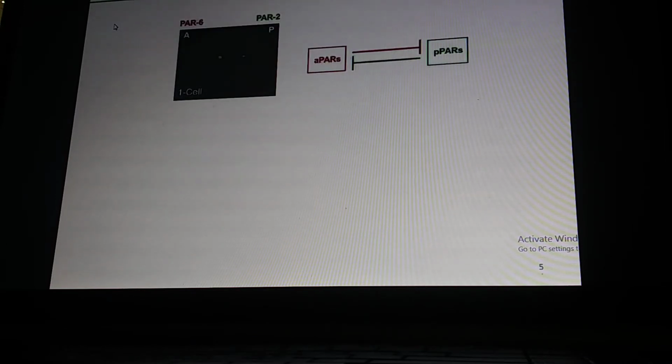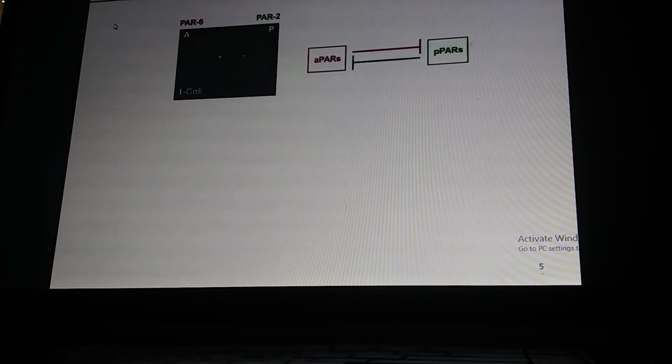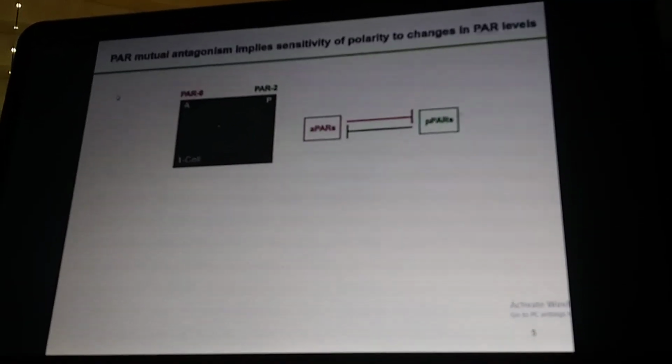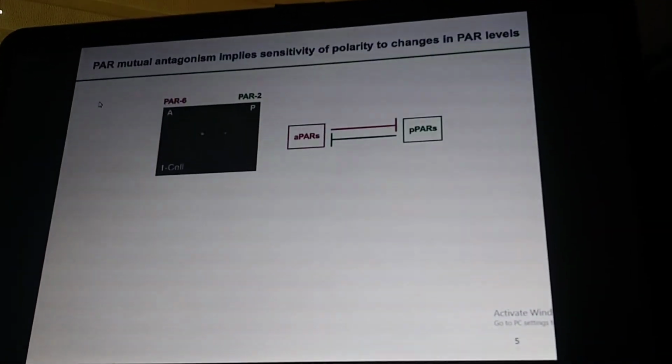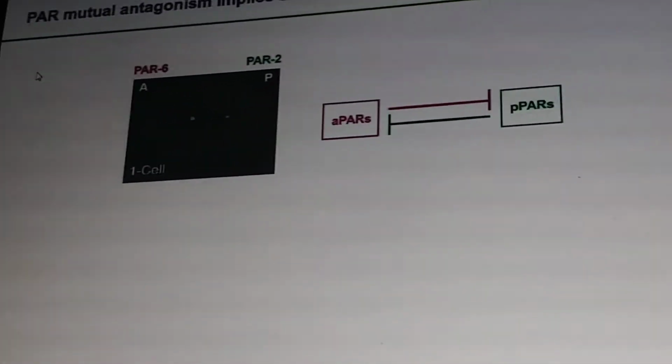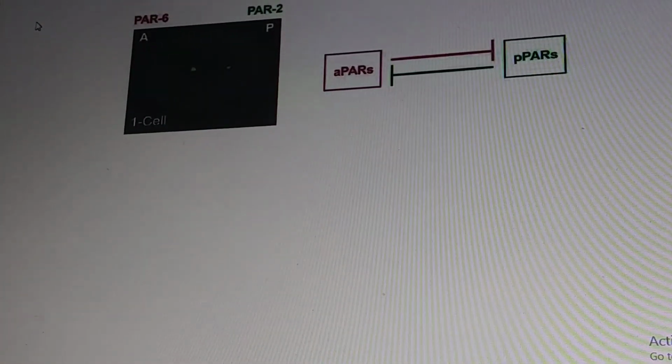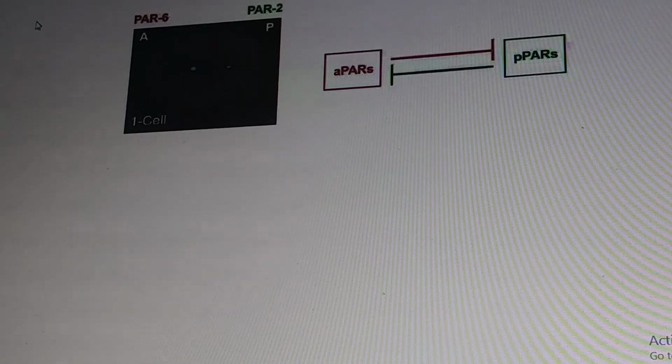And so, as I mentioned, at the core of this PAR polarization process we have this principle of mutual antagonism between the anterior PARs antagonizing the posterior PARs and vice versa. This mutual exclusion between the two different PARs implies that the system has to be sensitive to perturbations in PAR protein dosage.